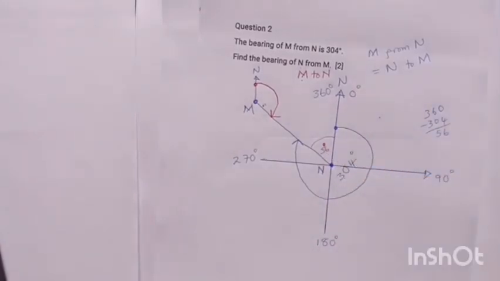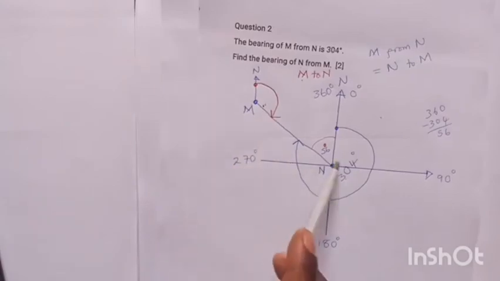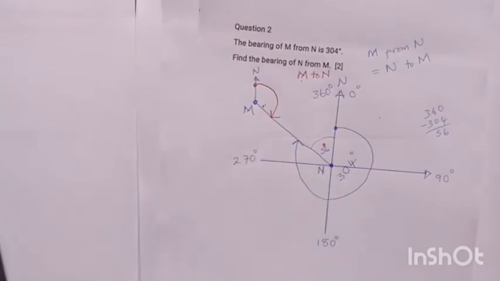And using the theory of allied angles, remember this required bearing and 56 are allied angles, angles which are between parallel lines on the same side of the transversal, and they add up to 180.